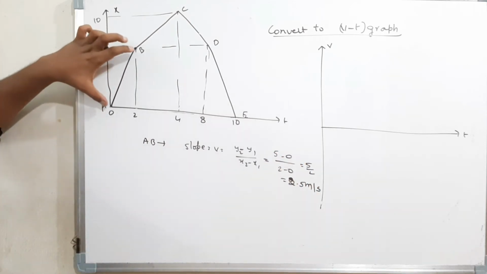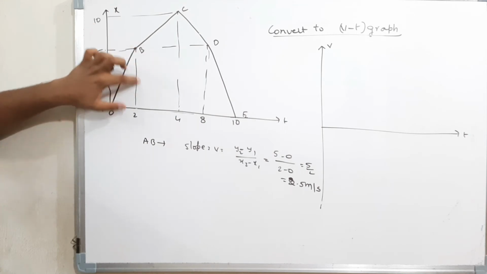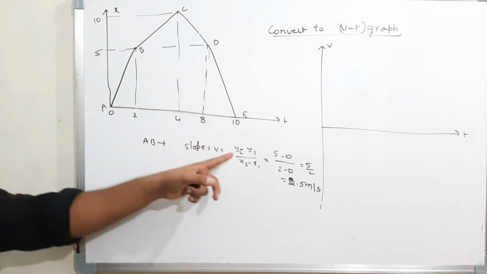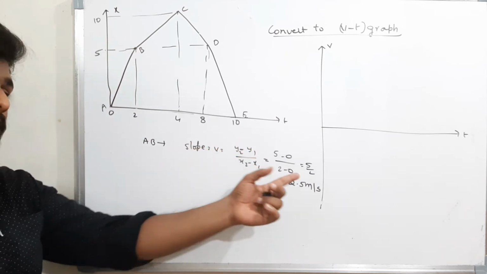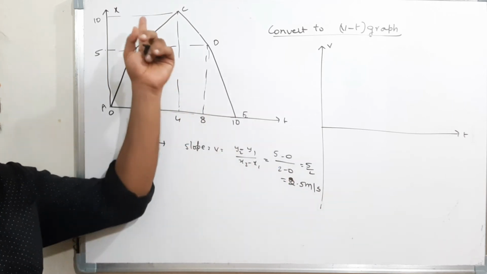I got the slope for this line. I know the coordinates: 2, 5 and 0, 0. Therefore, I got the slope using the formula y2 minus y1 by x2 minus x1. The slope is 2.5 meters per second. Slope is nothing but velocity in an xt graph.